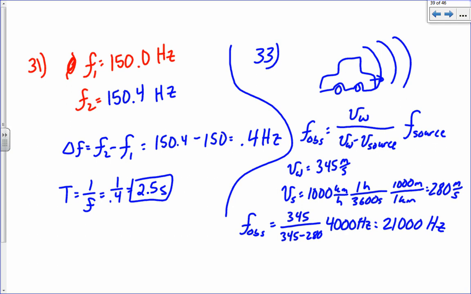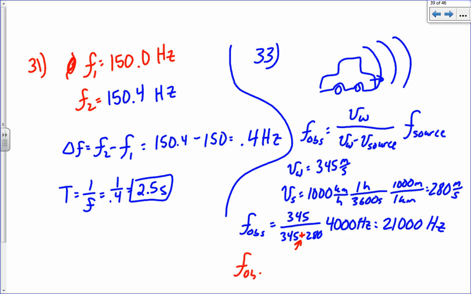All right. And then when the jet is going away from you, the only difference is that the velocity of the source we're going to have as a negative value because it's going away from you. So that would make this become a positive sign.